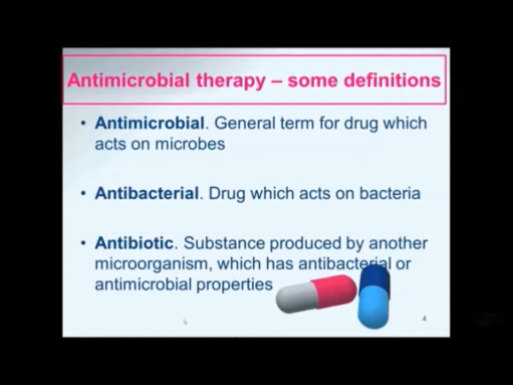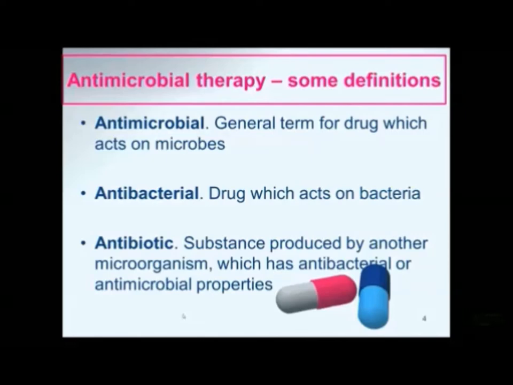So the term antibiotic probably wouldn't be appropriate to use a great deal anymore, as you'll see when we come to look into the antimicrobials a little bit more, because our first antibacterials in particular were antibiotics because we got them from other substances which produced them. We basically cooked up lots of molds and got them producing the antibacterial substances, and we then purified that, we collected that and used it against bacteria for ourselves.